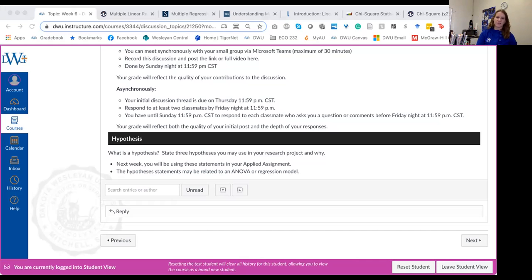My alternative hypothesis would be that a relationship exists between rental cropland price and corn yield. And then I would use a regression model to explain that and to show, yes, I accept, or no, I reject my null hypothesis. So that's what you're thinking about.